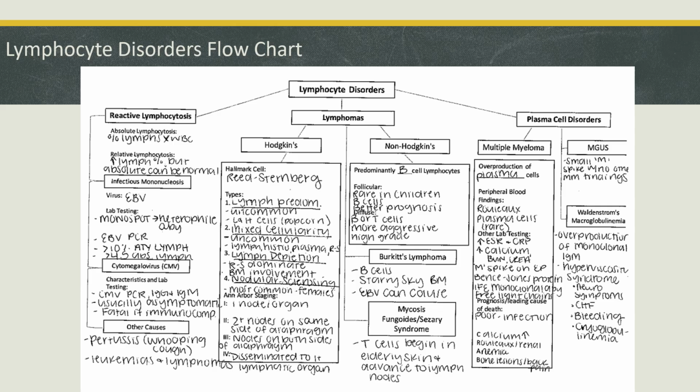And when the only type of antibodies we're making are just an excess of free light chains, they don't have their heavy chains, they don't have their receptors, they are pretty much useless, so then we aren't producing enough functional immunoglobulin to help us protect our bodies from infection. And then again, just remember, BABS the CRAB: calcium increased, rouleaux and renal problems, anemia, bone lesions, and back pain.